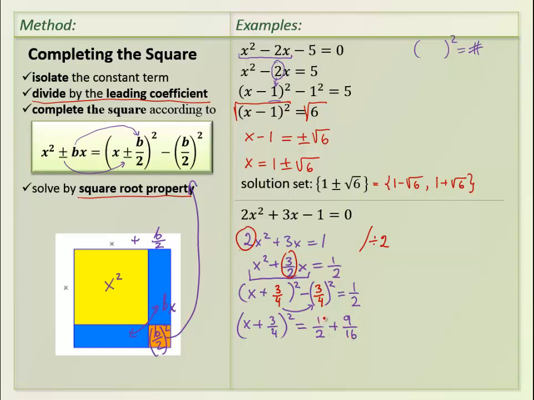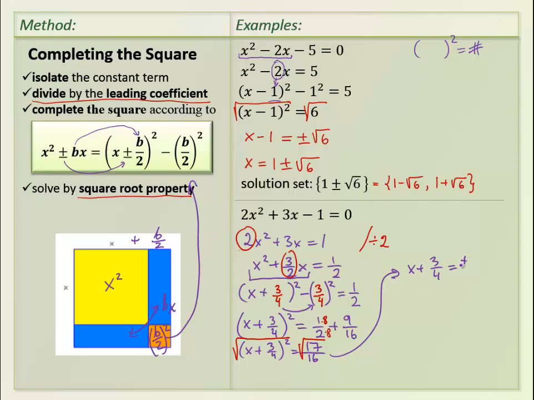So multiply the top and the bottom by 8. Therefore, we end up with x plus 3/4 squared equals 17/16.